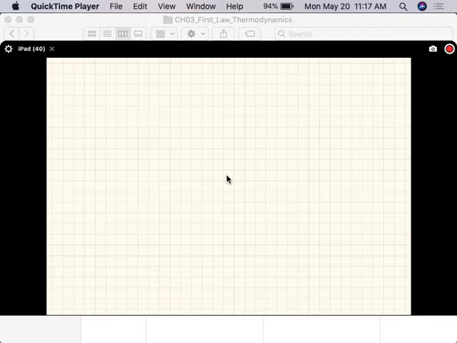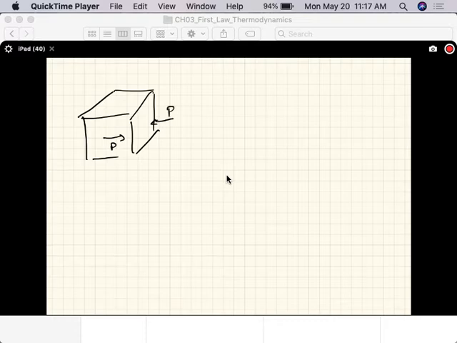All right, so the net force will be, okay, again, here's another diagram. Okay, and we want the net force on a wall. Okay, so the net force on one wall is P minus P naught times the area of the wall, which is L squared.